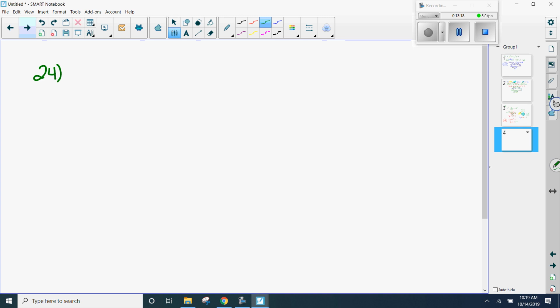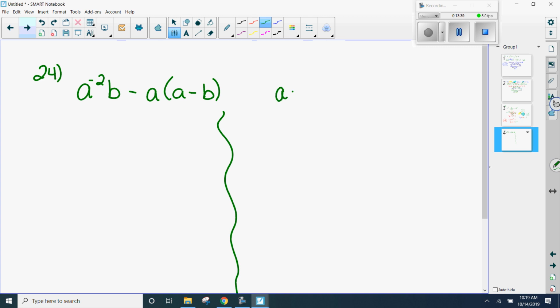Okay, there are 2 different approaches you can use for 24. You have a to the -2nd b, and then we have minus a times the quantity a minus b. The 2 different approaches that you can use, let's see, a is equal to -1/2. What's b equal to? 1/4.